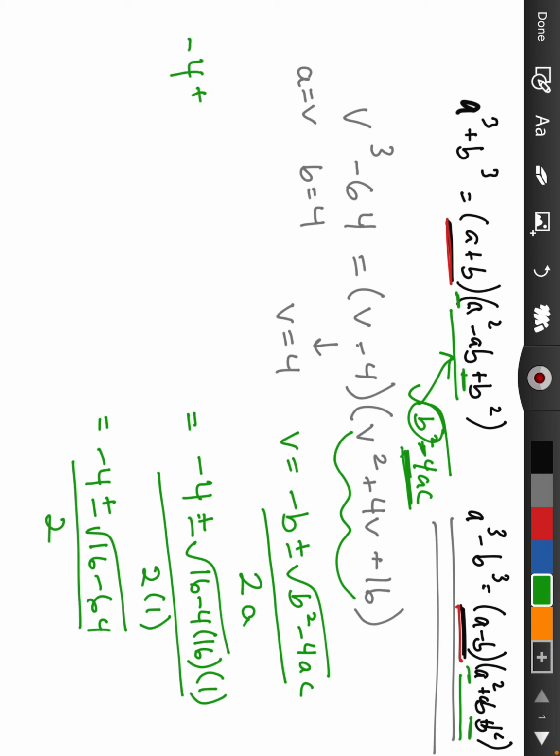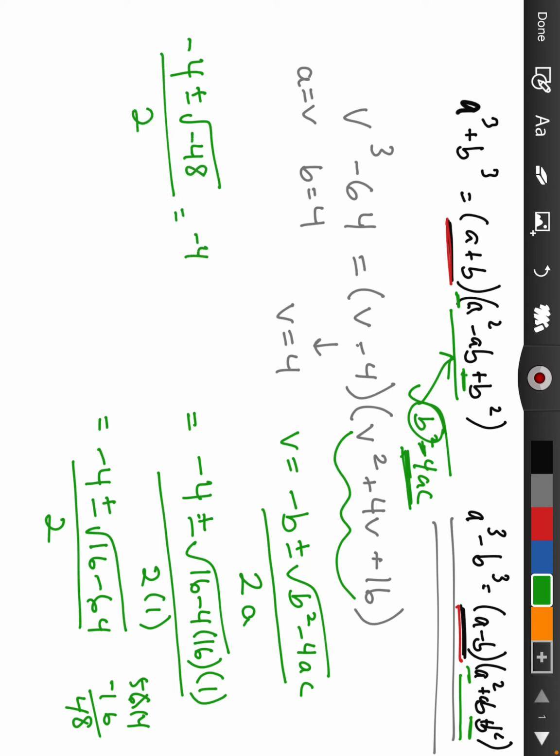Negative 4 plus or minus, well, 16 minus 64. It's very early. Excuse me for not doing mental math. Negative 48, divided by 2.